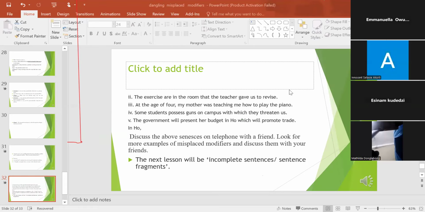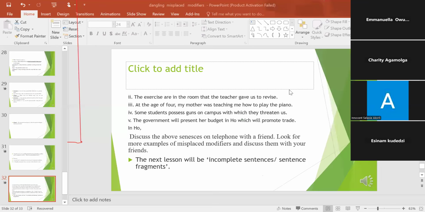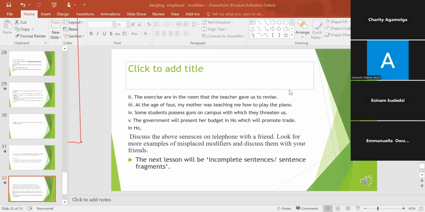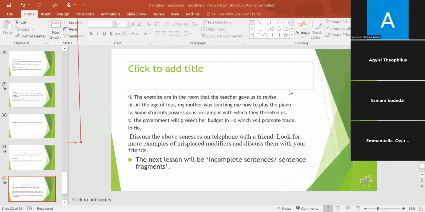So I think my mother taught me how to play the piano at the age of 4. You are saying the same thing. My mother taught me how to play the piano when I was at the age of 4. Okay, that is clearer.